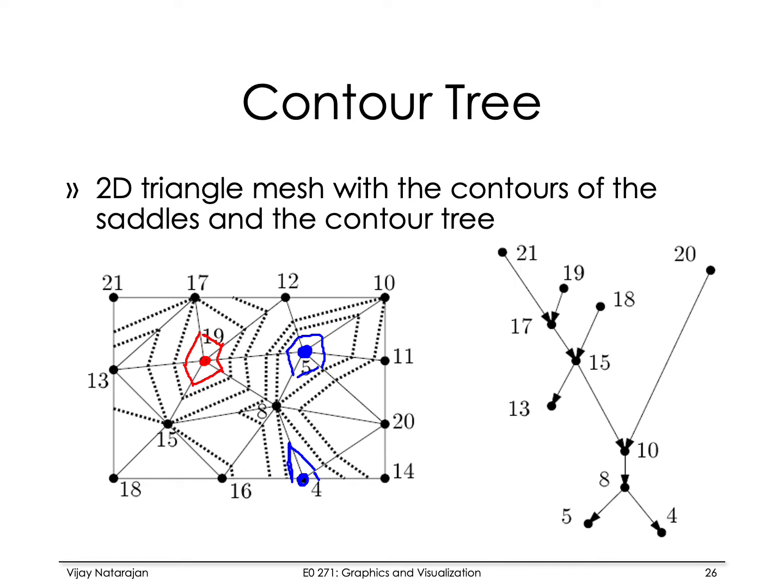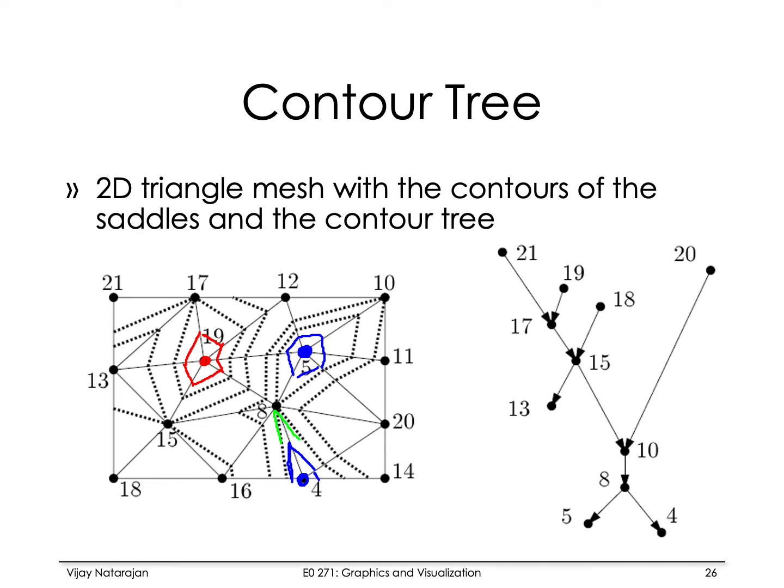Let's look at 8. We already saw two components in the neighborhood of 8, by virtue of the components that started from 4 and 5. And these components inch towards 8. At 8, these two components merge, as is shown here.